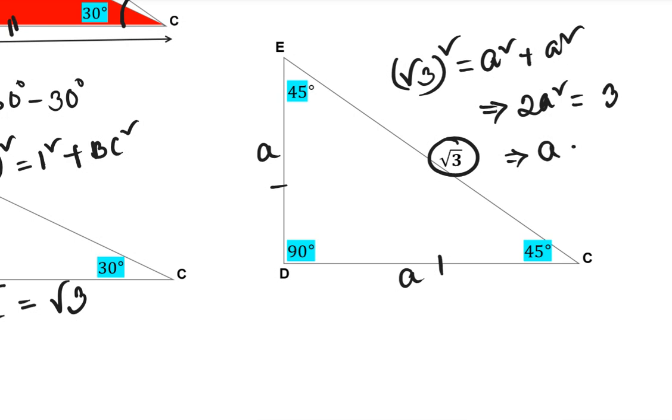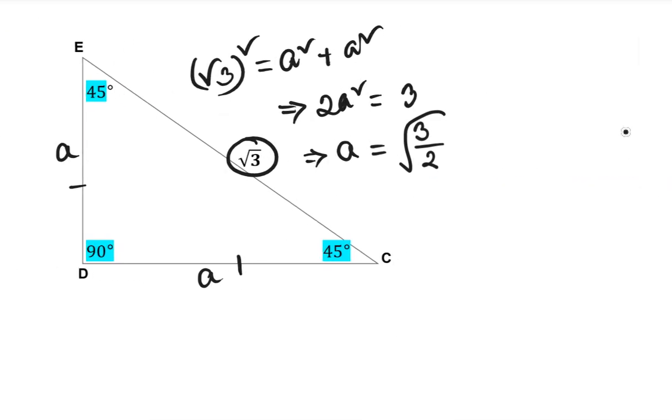So A equals to square root of 3 by 2, or we could write down root 6 over 2.